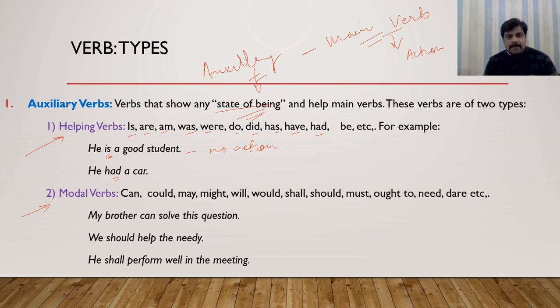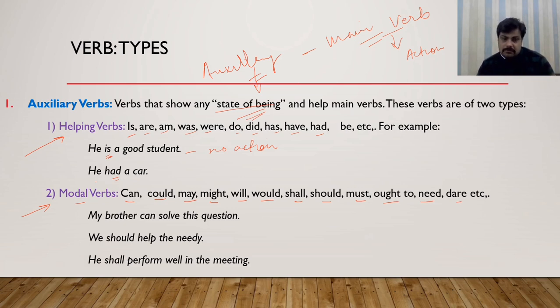Okay, my brother can solve this question. Now here it is a modal verb. Modal verbs are 12 in number, like can, could, may, might, will, would, shall, should, must, ought to, need and dare.